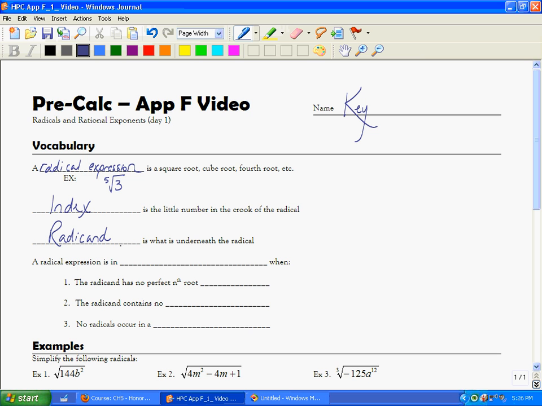A radical expression is in simplest form when the radicand has no perfect nth root factors, the radicand contains no fractions, and no radicals occur in the denominator.